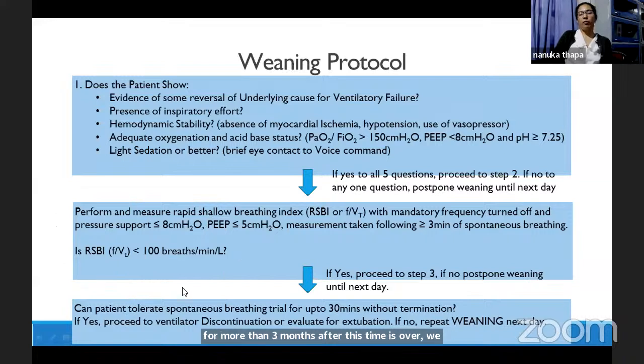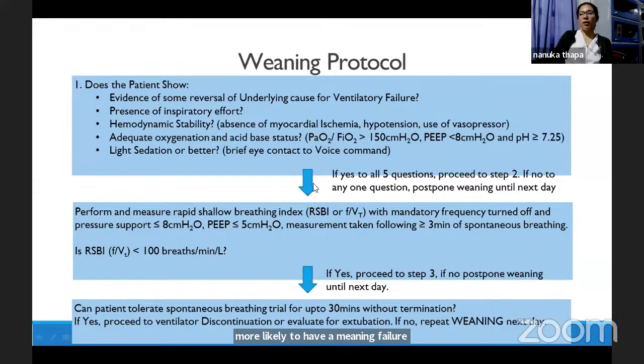If the RSBI of the patient is less than 100, then the chances of the patient having a successful weaning increase. If this value is more than 105, then the patient is more likely to have a weaning failure. Then we need to abandon or postpone weaning until the next day.